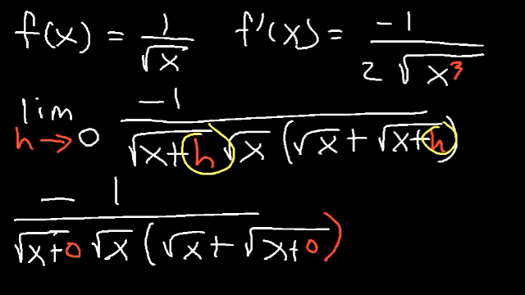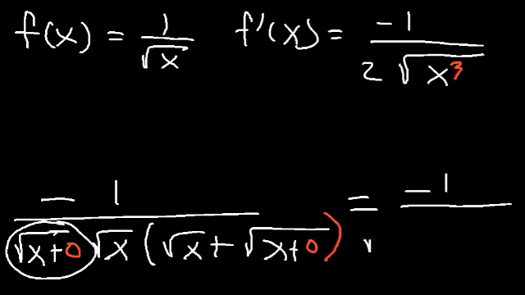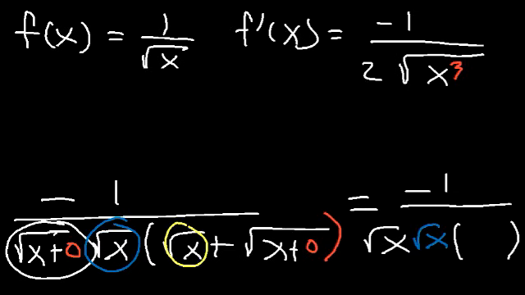So now let's be careful at this point. So radical x plus 0 is simply radical x times another square root x. And on the inside of this parentheses, we have a square root x plus another square root x.